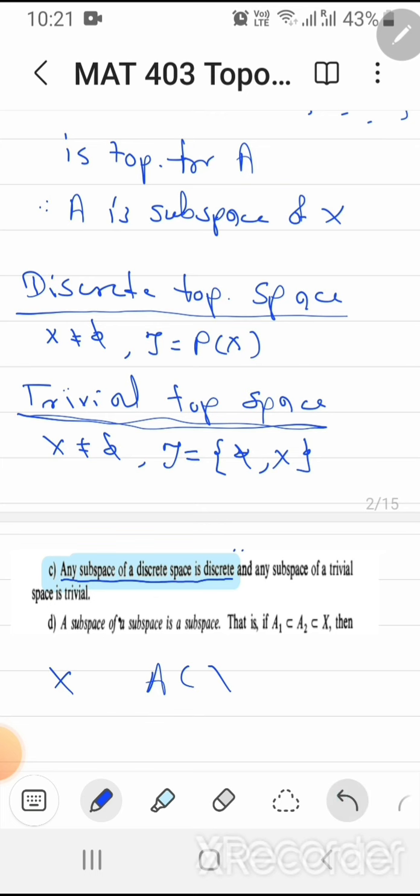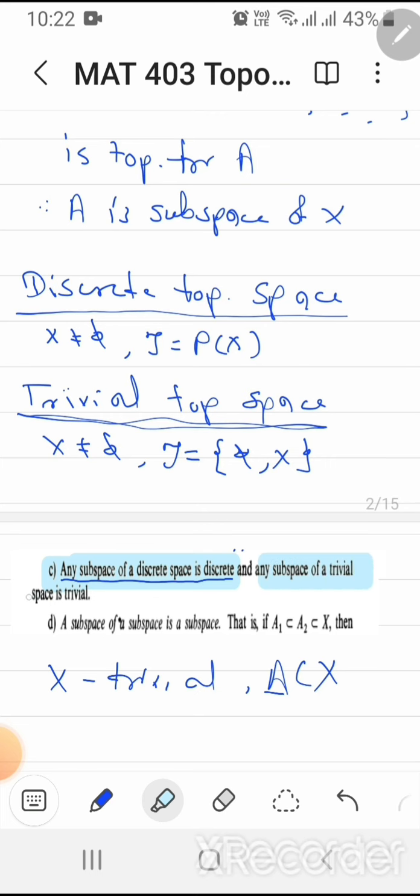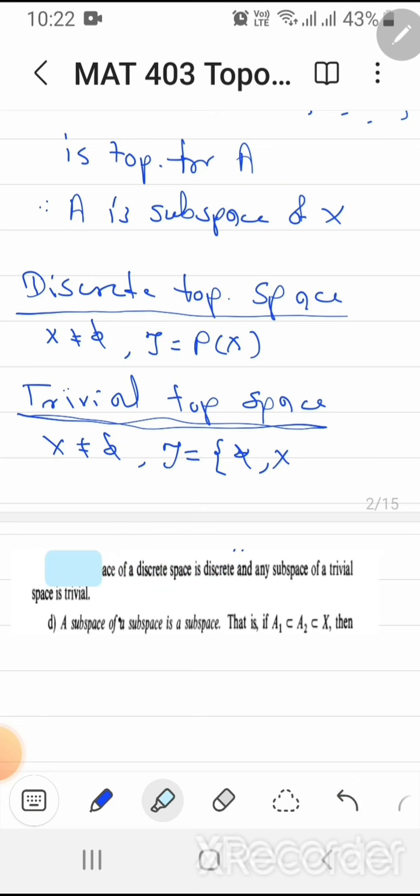Next result: if X is a trivial topological space and A is a subset of X, then A is also a trivial space. That is, a subspace of a trivial space is trivial. Okay, there are two results. The first result is that any subspace of a discrete space is discrete, and the second result is that any subspace of a trivial space is trivial.